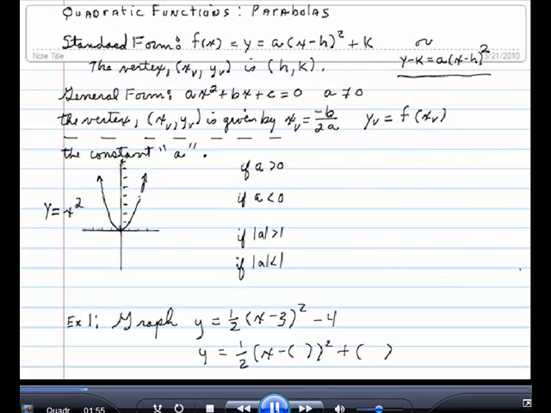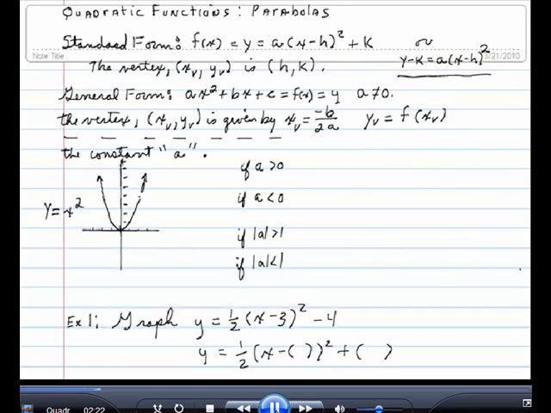The second form we'll be dealing with is the general form. You've seen this before. The general form is f(x) equals ax squared plus bx plus c. f(x), of course, is the same as y, and in order for this to be a quadratic function, we must have that a is not equal to 0.